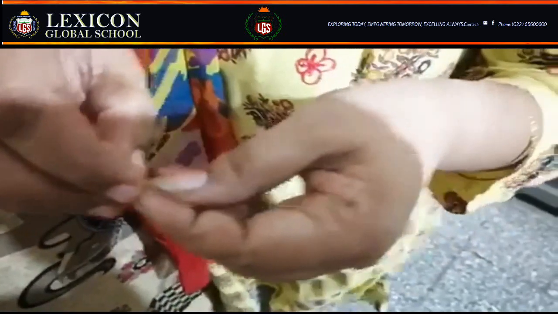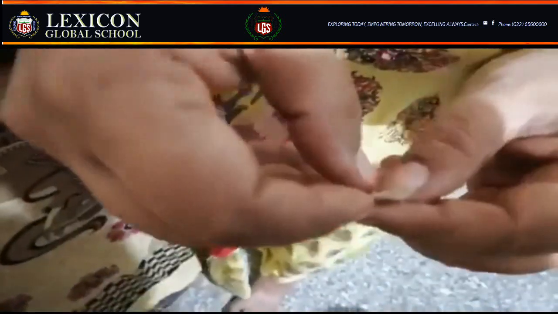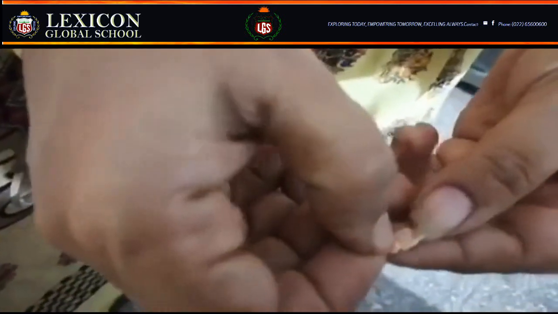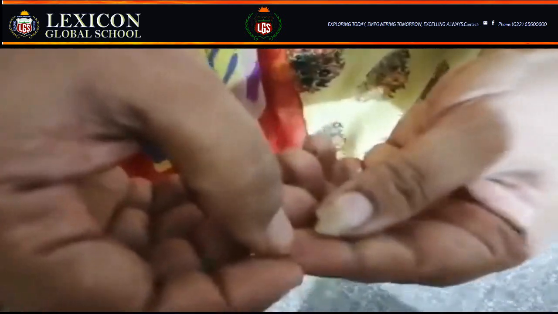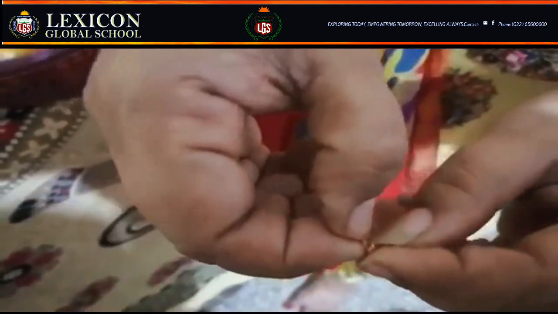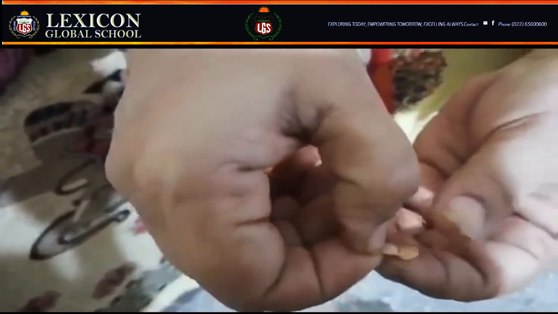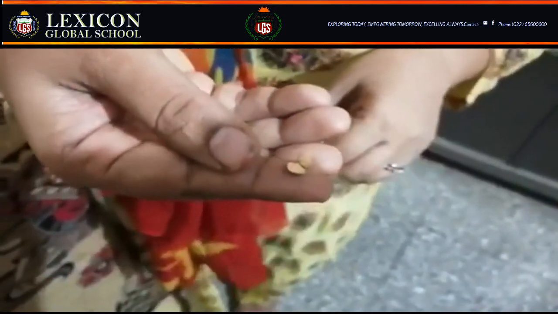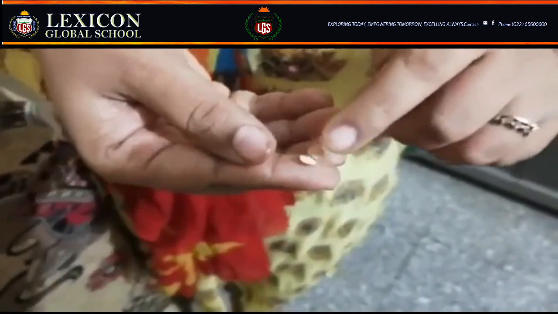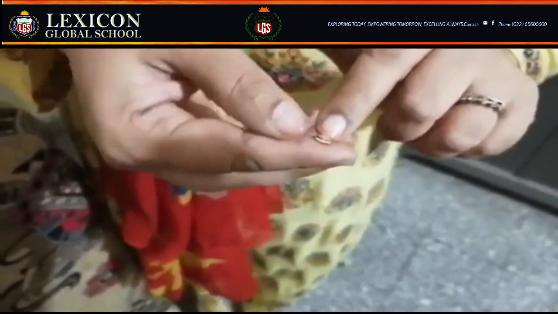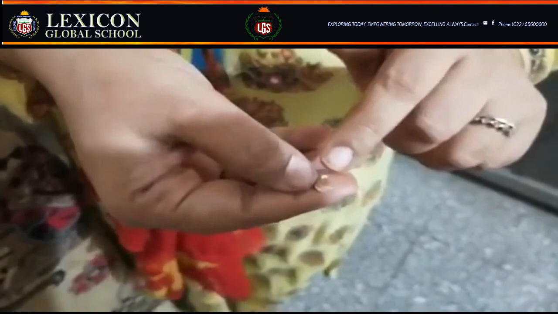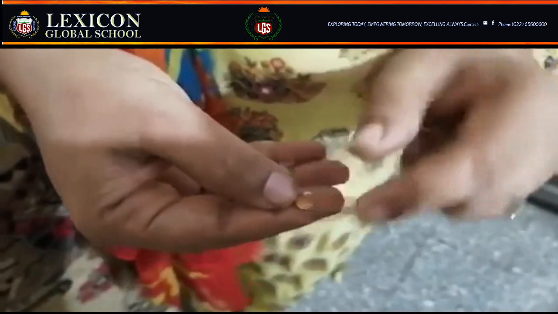And suppose I open this seed, see here, these are the two cotyledons. I will show you again. See here, these are the two cotyledons. Okay, and if I fold this, you can see the seed cover and the embryo.